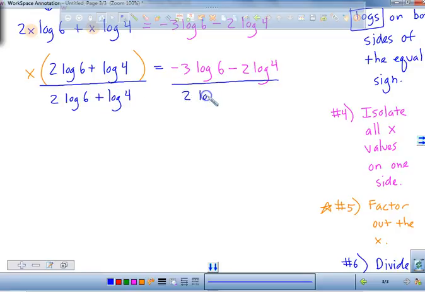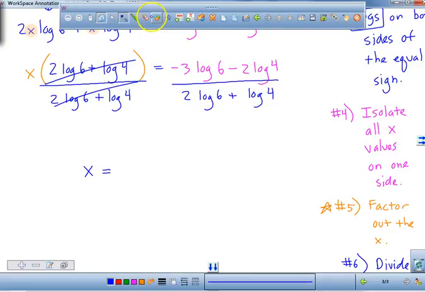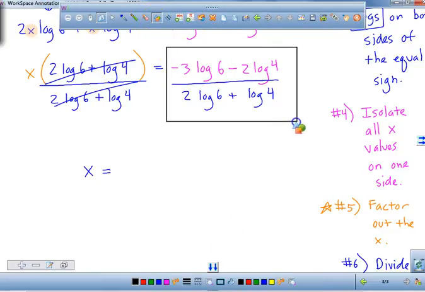Because these will cancel out to a 1, and x is equal to this right here. That's your exact answer right there for this problem.